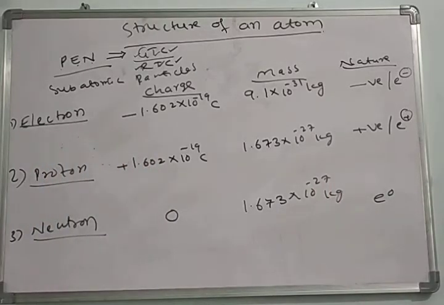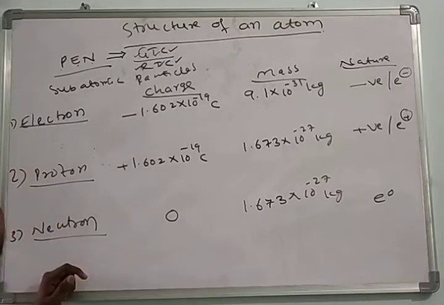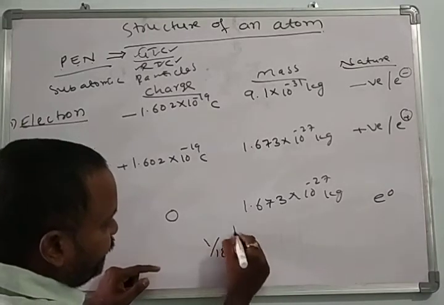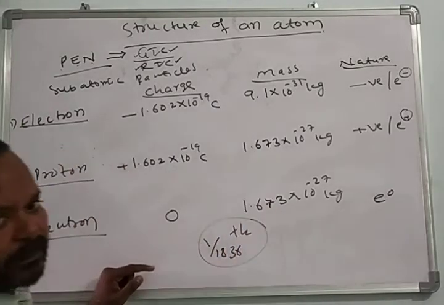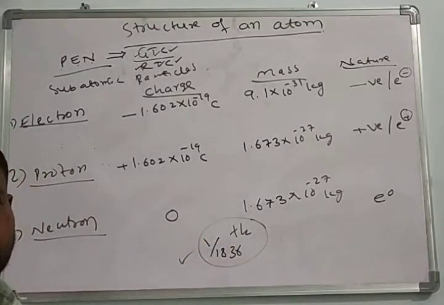When comparing the mass of an electron with the proton, the mass of an electron is 1 by 1836 part of the proton mass.